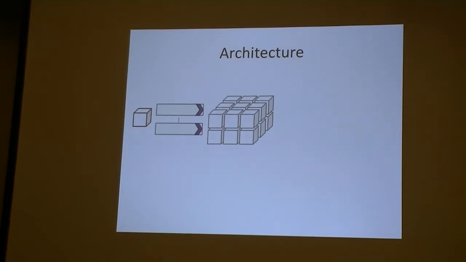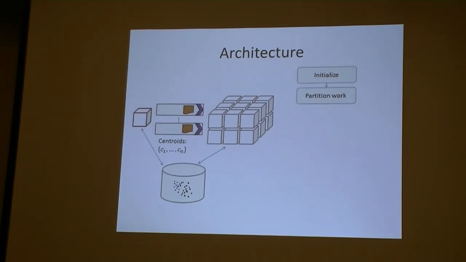So first, the master loads the input data set into central storage so that it's accessible by all the workers. It also generates the initial centroids in preparation for the iterations. And then at the beginning of every iteration, to launch the iteration, the master sends a command to all the workers, which includes a pointer to the worker's partition and a list of centroids for the worker.